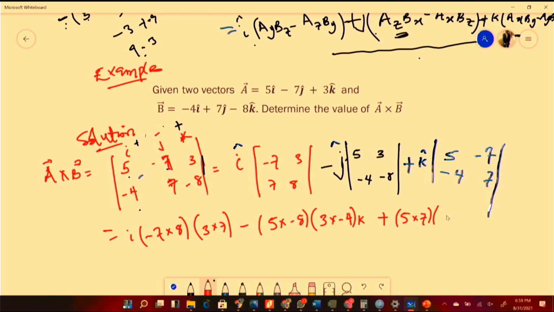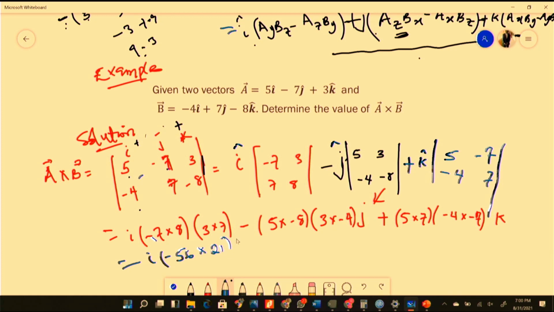And we also have minus 4 times minus 7 to give our, this is our j component, that is this one, and this is our k component. So what do we have? 7 multiplied by 8 is going to give us 56. So we have i equals minus 56 times 3 times 7, that is 21.